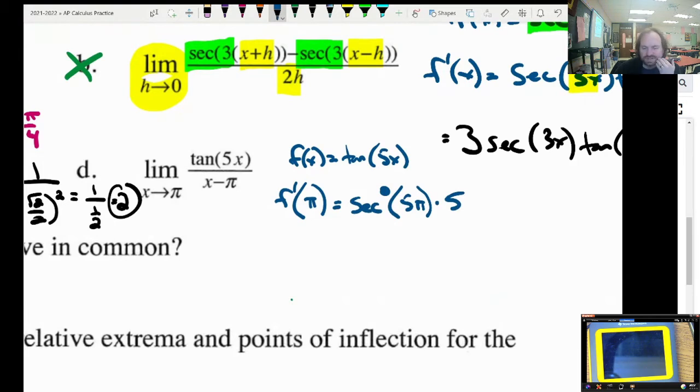Secant is 1 over cosine, and the cosine of multiples of pi is either 1 or negative 1. So it's going to be negative 5, I think, when we're all done with it. Oh, no, positive 5, because it's squared. It's positive 5. Okay, this is silly.